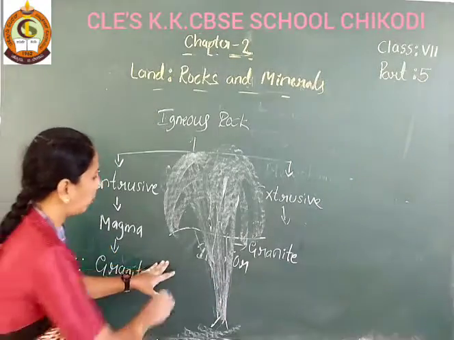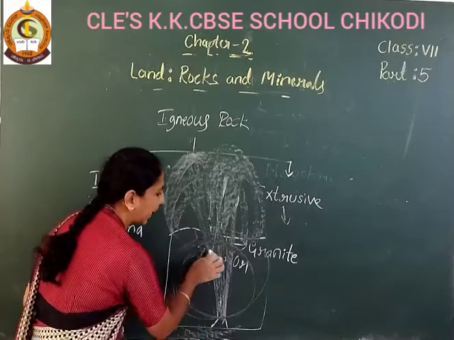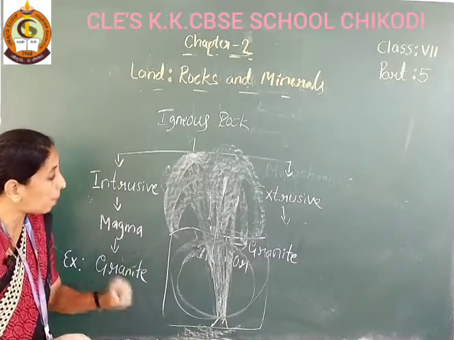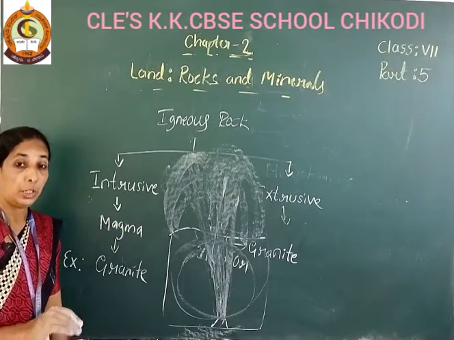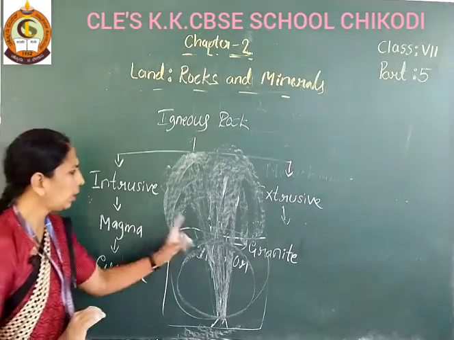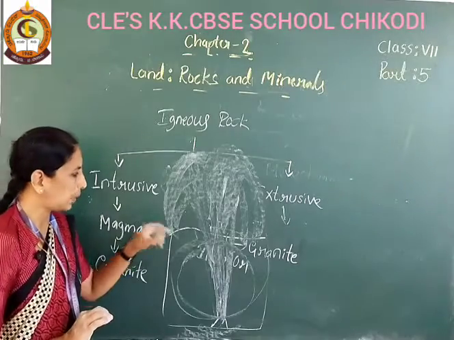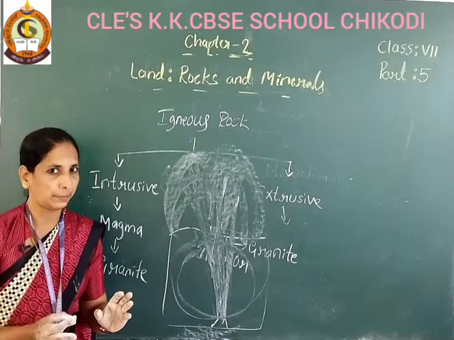This is the interior part, the inside part of the earth, and now this magma flows to the outer part of the earth, and it cools down very quickly. That means it solidifies very quickly.